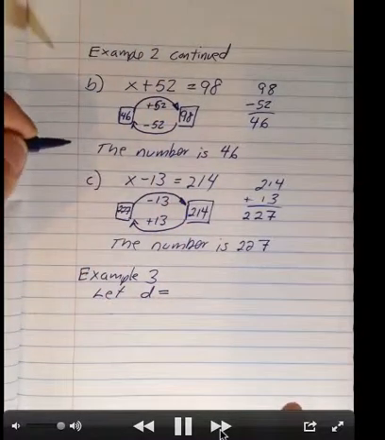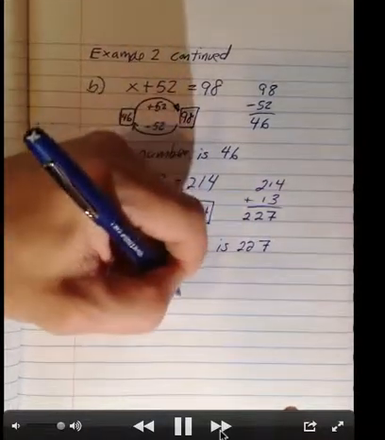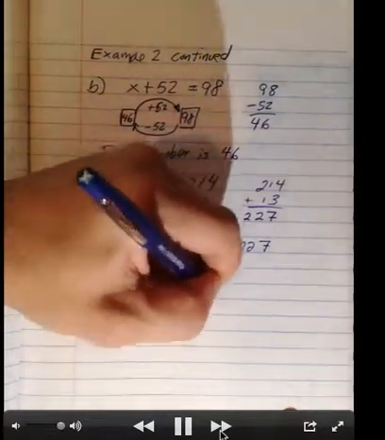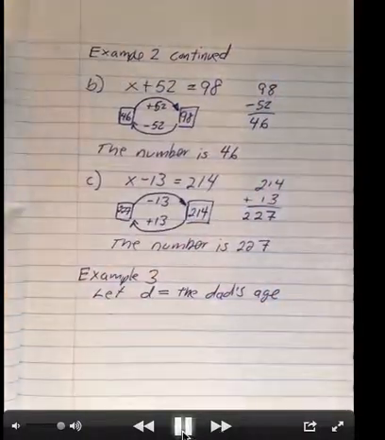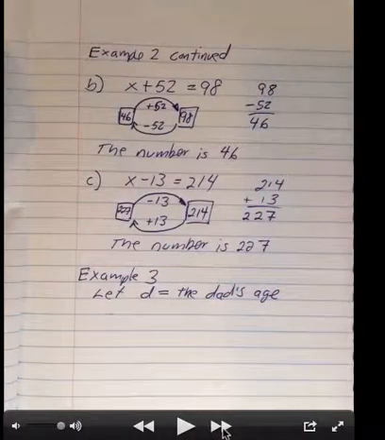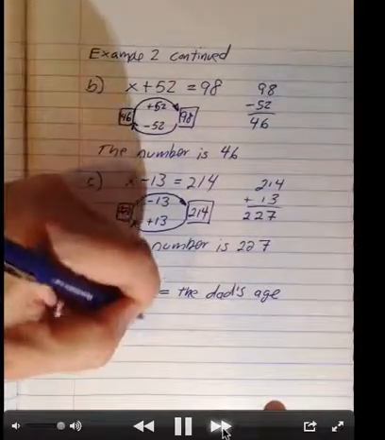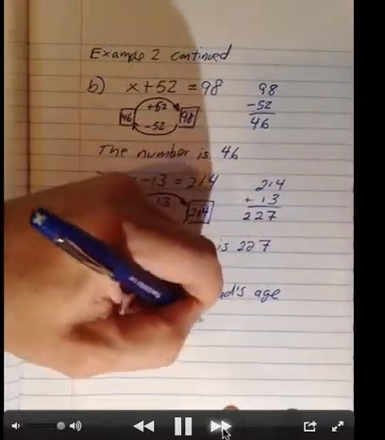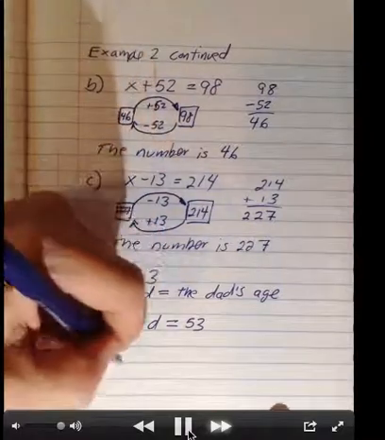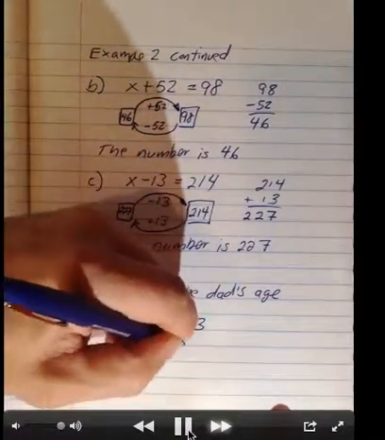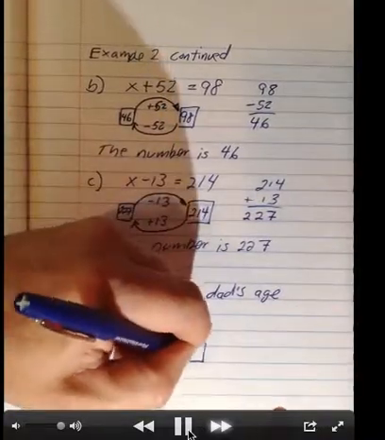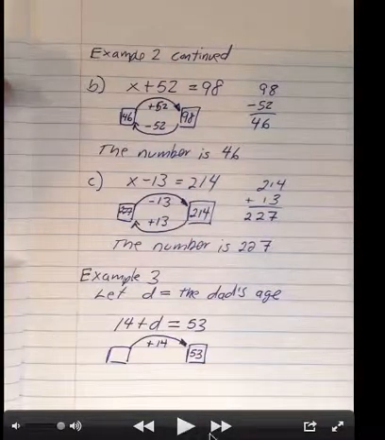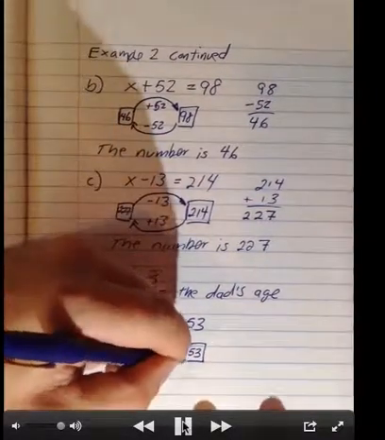For example 3, let D equal the dad's age. 14 plus D is equal to 53. So there was a number, 14 was added to it, it became 53. So we do the opposite.